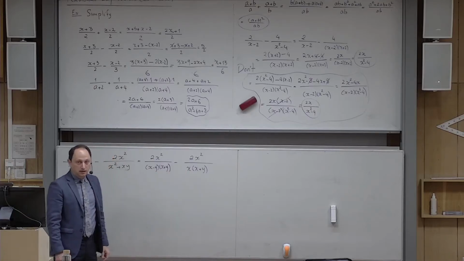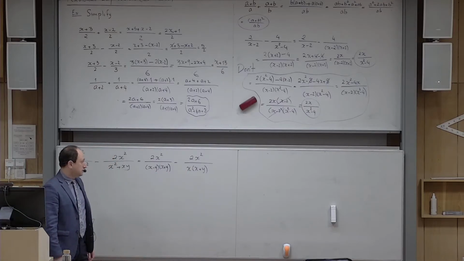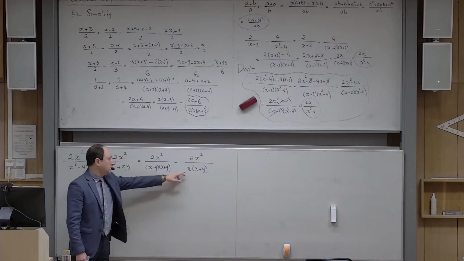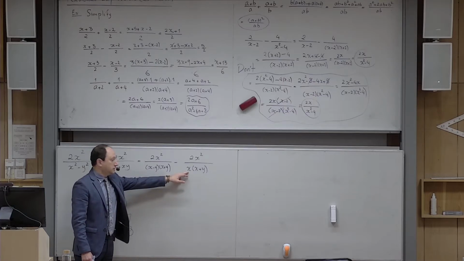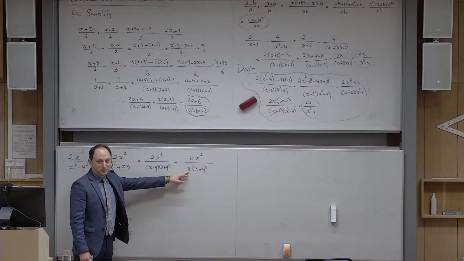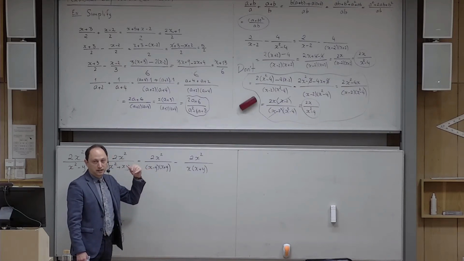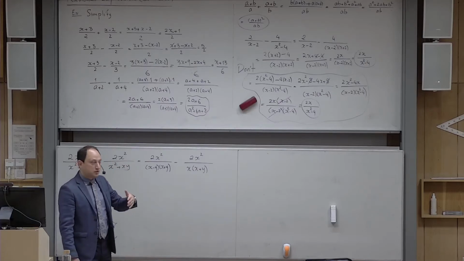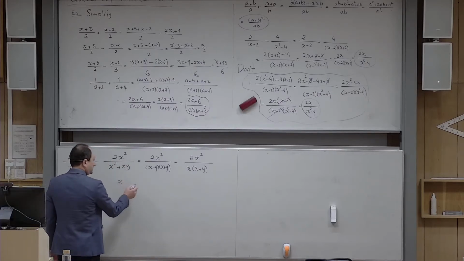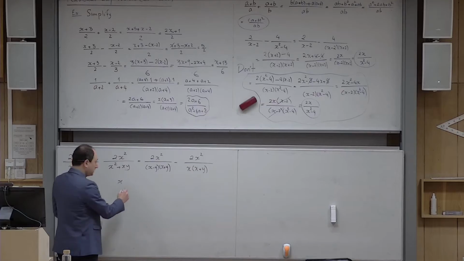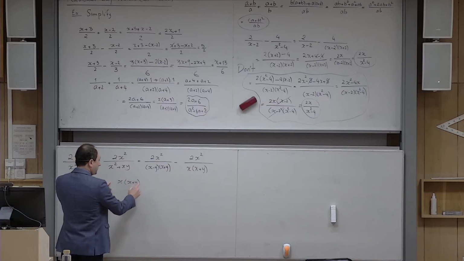And the first one times x. Yes? But no, there's one thing left. Because what happens for x plus y? You want an expression. So if you say x and x plus y, I agree with you.